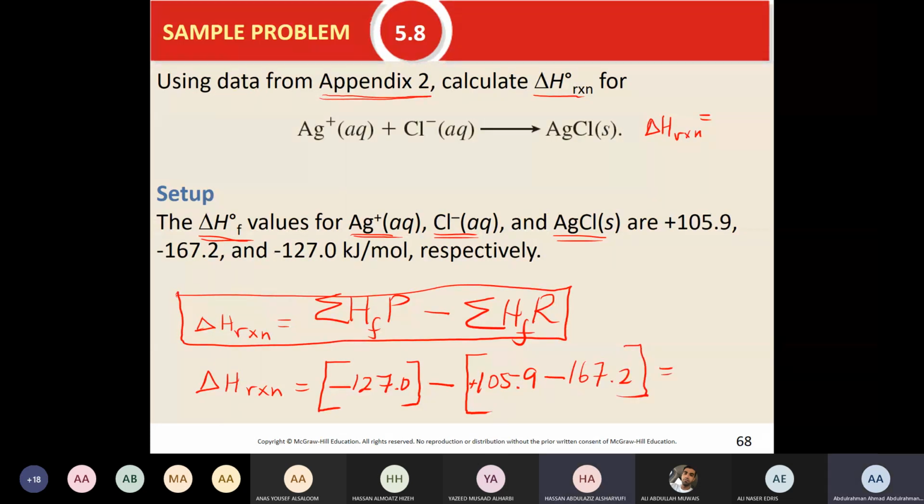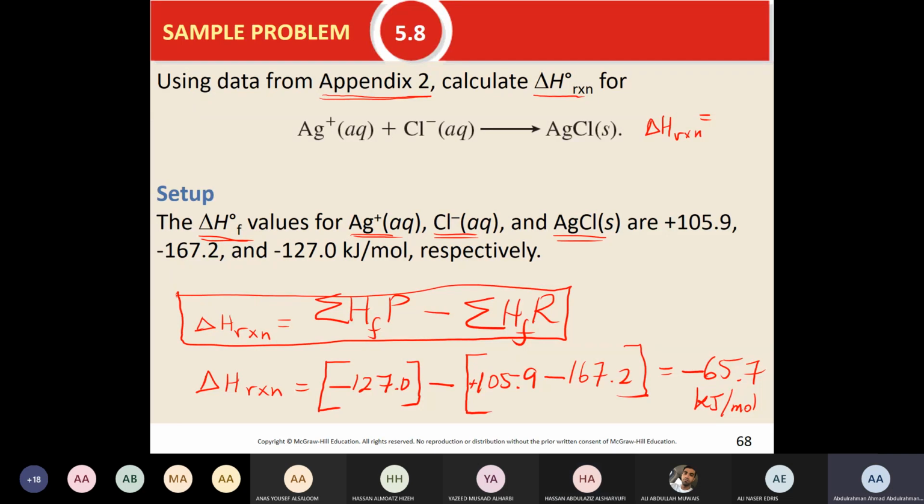Okay, what's the answer? Minus 65.7. Excellent. What's the unit? Kilojoule per mole. Kilojoule per mole.